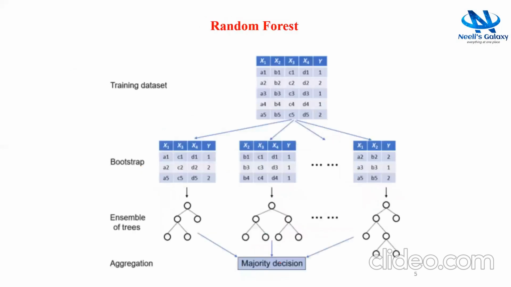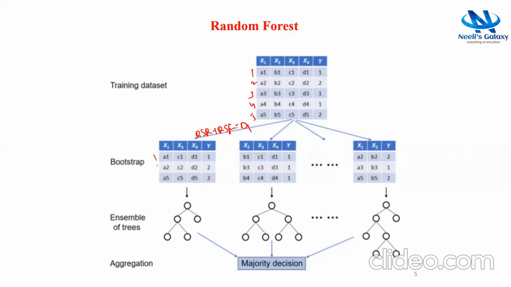So let us consider a practical example. Here we have some data set. Let me note down the row numbers here. Initially, as we have discussed, we need to take random sampling of rows and random sampling of features to form the dataset D1.